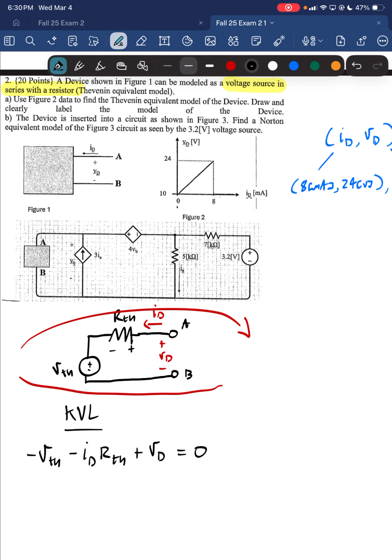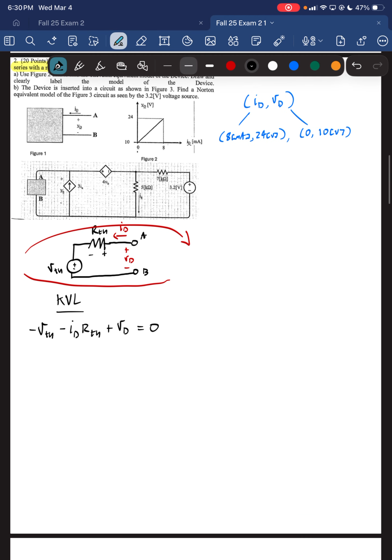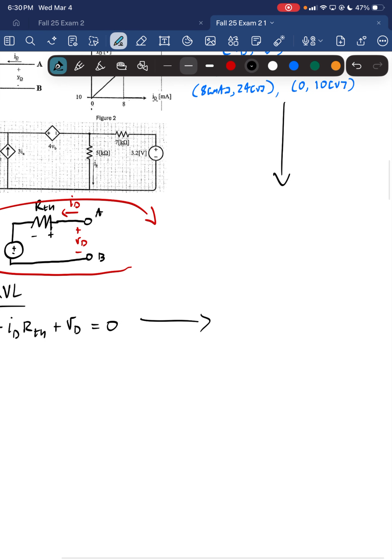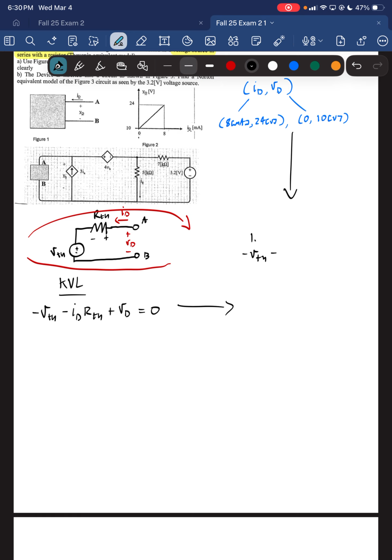Okay, so now that we have our equation, we are just going to take these 2 points for ID and VD and plug them into our KVL. That will give us a system of 2 equations with 2 unknowns, V Thevenin and R Thevenin. So let's do that. Our first equation is going to be negative V Thevenin minus 8 milliamps times R Thevenin plus 24 volts.